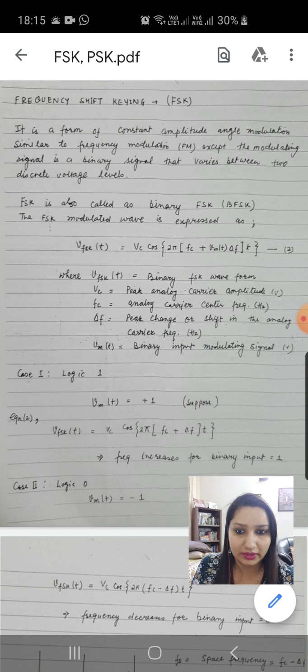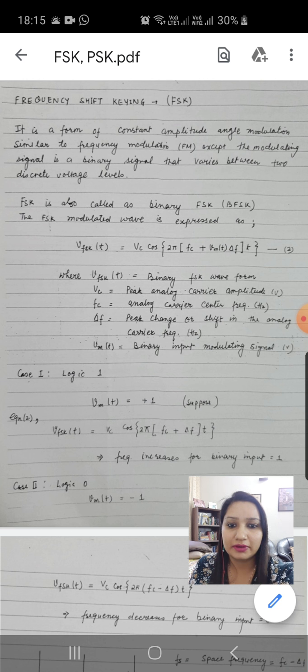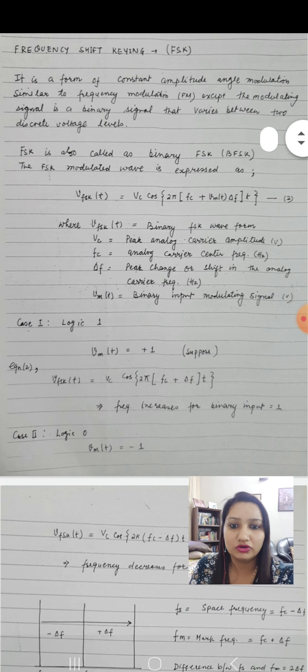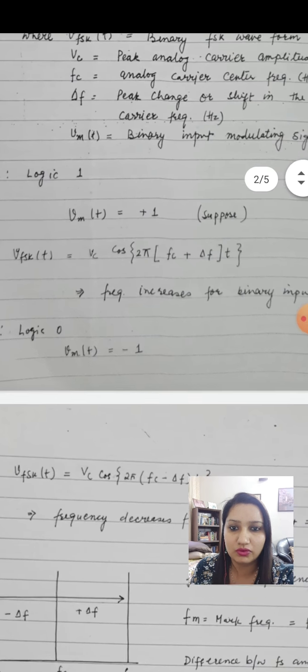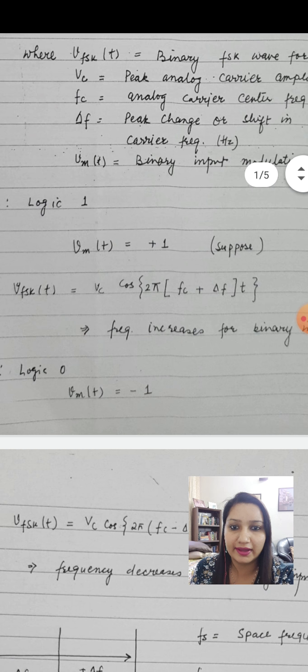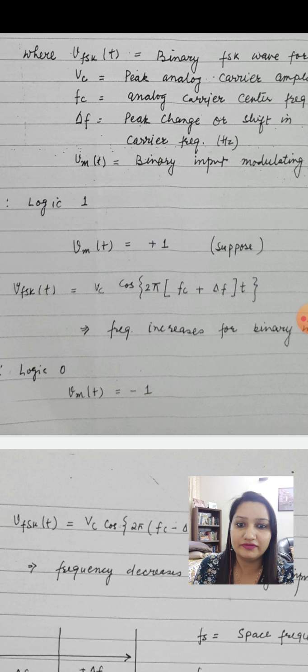First case is logic 1, so Vm(t) will be plus 1. Now put this Vm(t) plus 1 into equation number 2. After putting Vm as 1, we get this equation. Just see in the notes that Vfsk equals Vc cos 2 pi (Fc plus delta f) t.